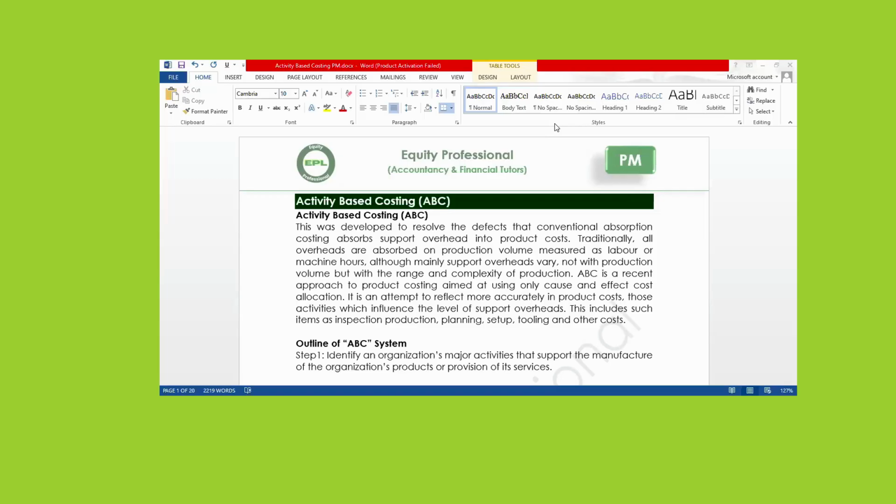Production in the 60s, production in the 70s were driven by human beings. We now have the traditional costing system, which include the absorption costing system as well as the marginal costing system.